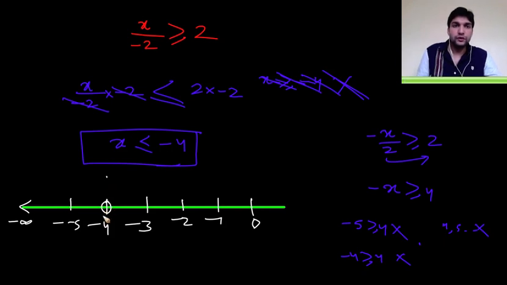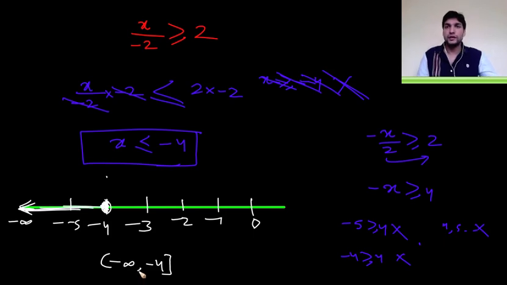We can straight away fill it up, because it's lesser than or equal to -4, and move all the way to -infinity. So x can take all values from -infinity to -4. This time you should put a square bracket here, and this will be a normal bracket. Why a square bracket here? Because it takes the value of -4 as well. x can be equal to -4 as well.